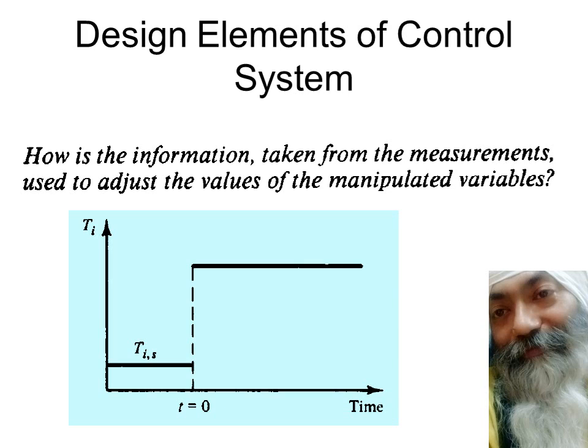Suddenly, it's a step change, as you can see over here. Then what will be the effect on the temperature of the output? If left uncontrolled, what will be the output? If we go in for a P controller and we change the gain of the P, slowly and slowly the gain is increased, what will be the effect?